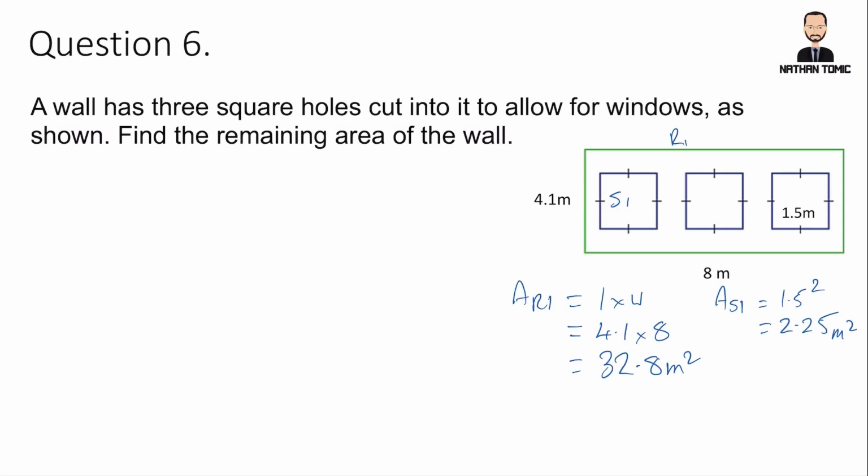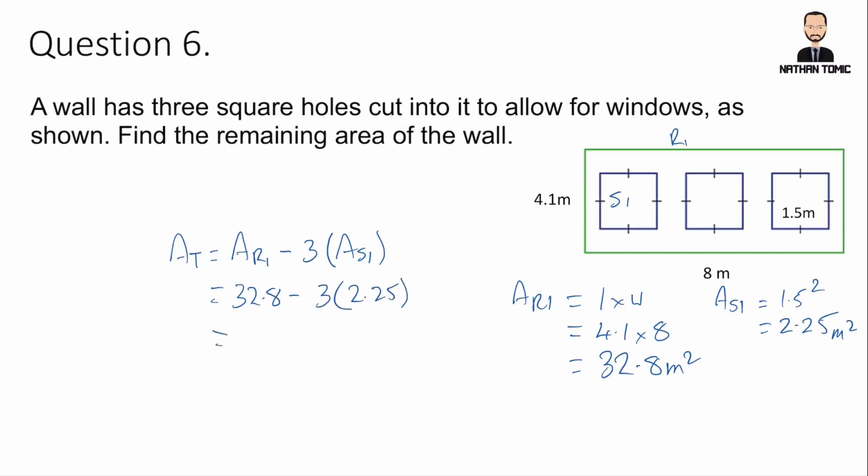So let's do a formula for the whole thing. So the area of the total space that we need is equal to the area of rectangle 1 minus 3 times the area of square 1, which is equal to, let's put the numbers in, 32.8 minus 3 times 2.25.